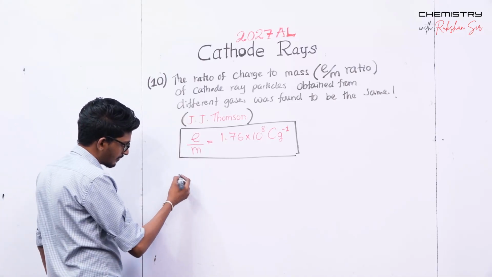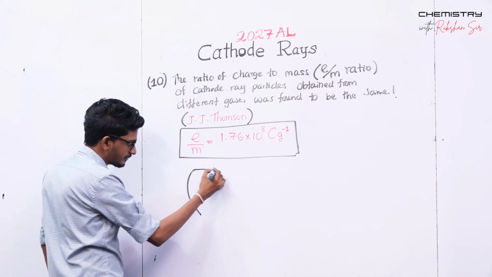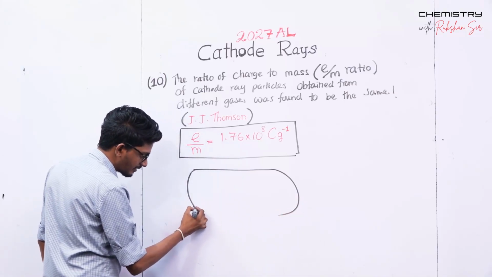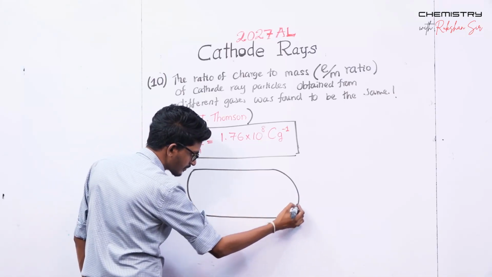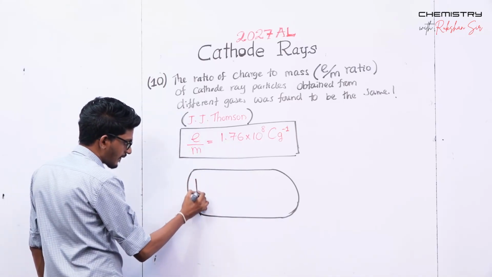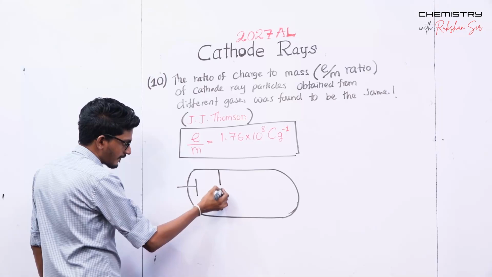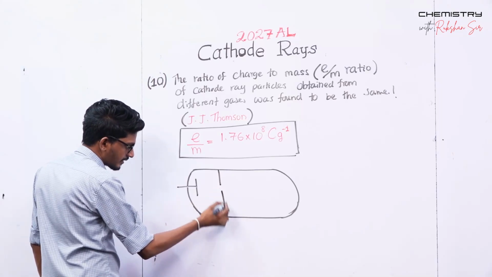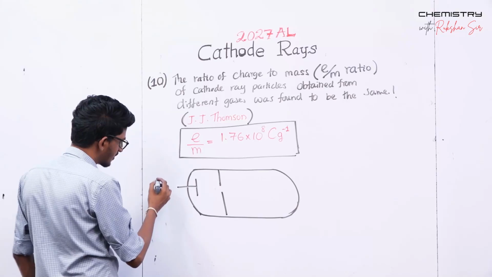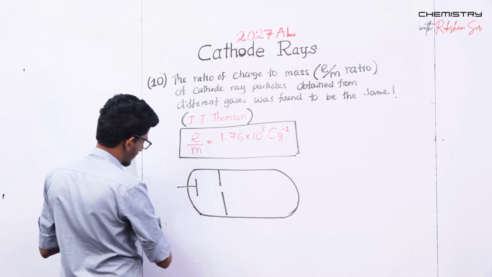The idea is this. The experiment was this. Thomson came up with an experimental setup like this, the setup which he used to confirm that cathode rays are negatively charged particles.